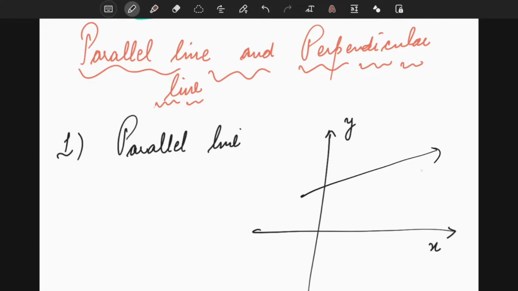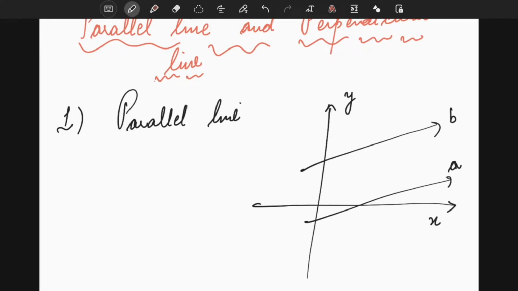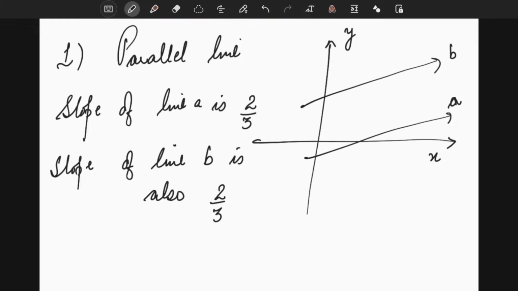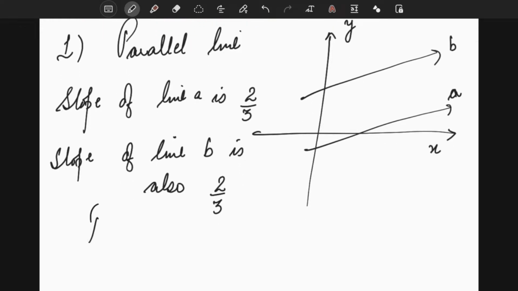One line is A and another line is B. If the slope of line A is 2 upon 3, slope of line B is also 2 over 3. Parallel lines always have equal slope.